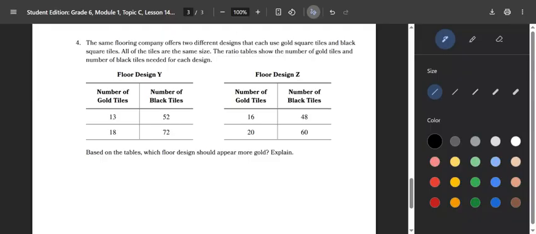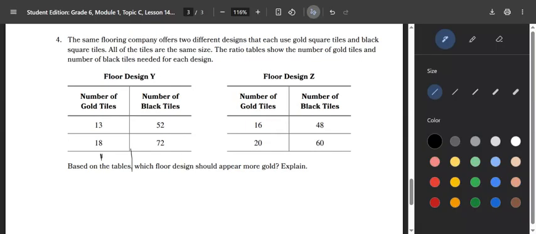So I can divide 13 over 52 by 13 over 13, which will give me 1 over, and 52 divided by 13 is 4.